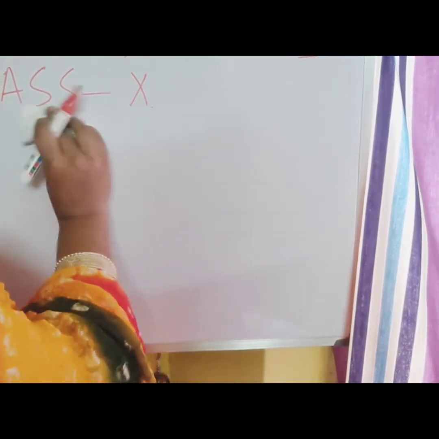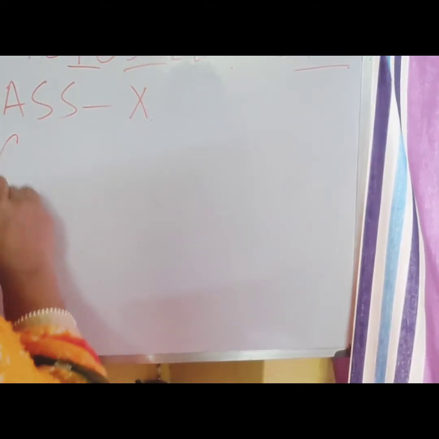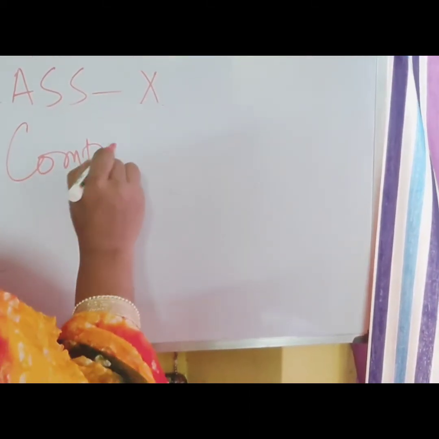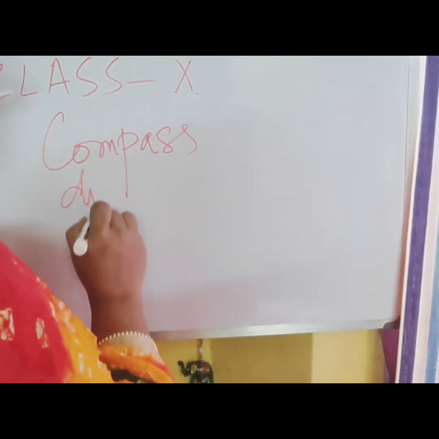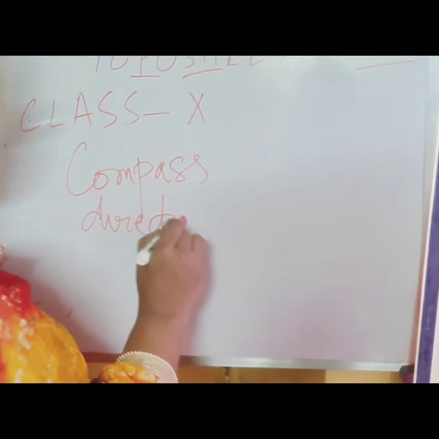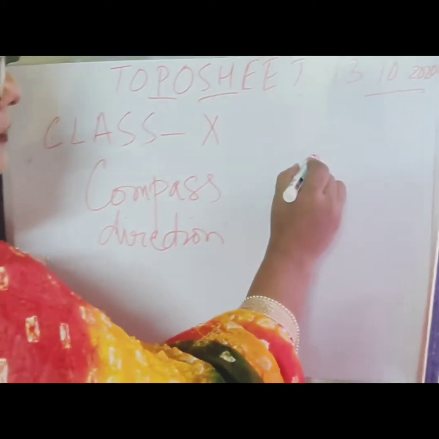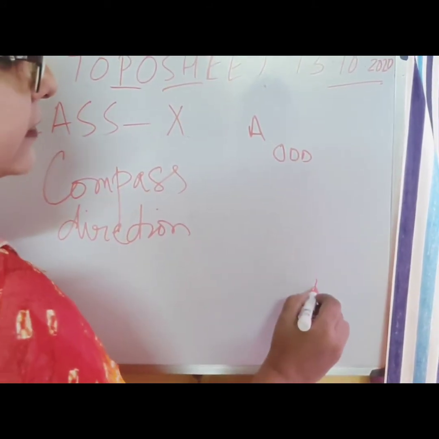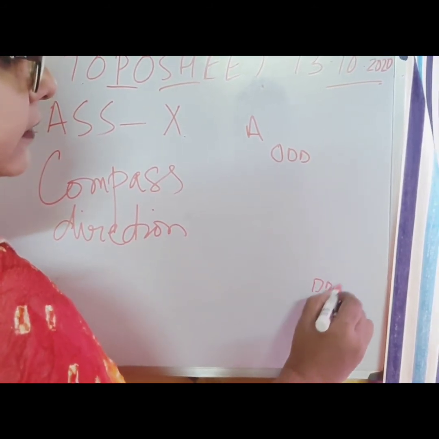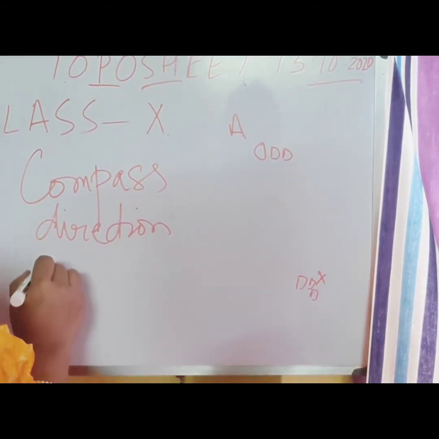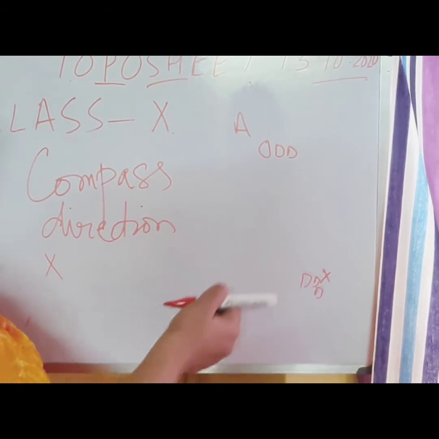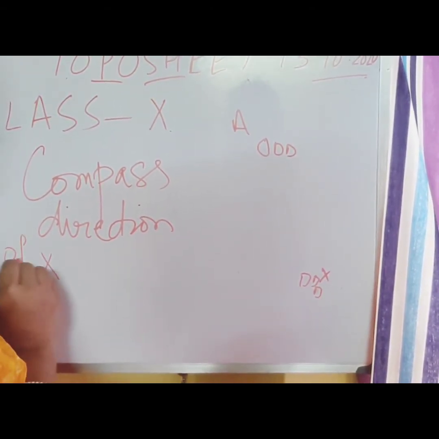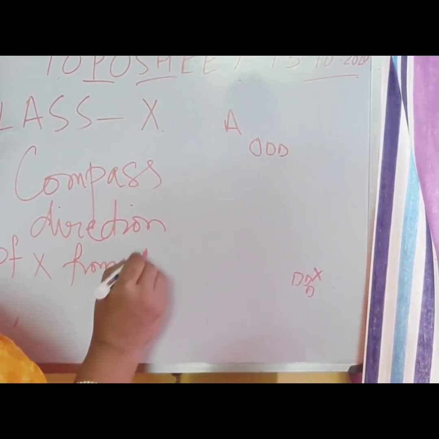Next we come to the compass direction. Remember, whenever we are talking about the compass direction, there is a settlement here, A, and there is another settlement here, X. Okay. My question is, what is the compass direction of X from A?